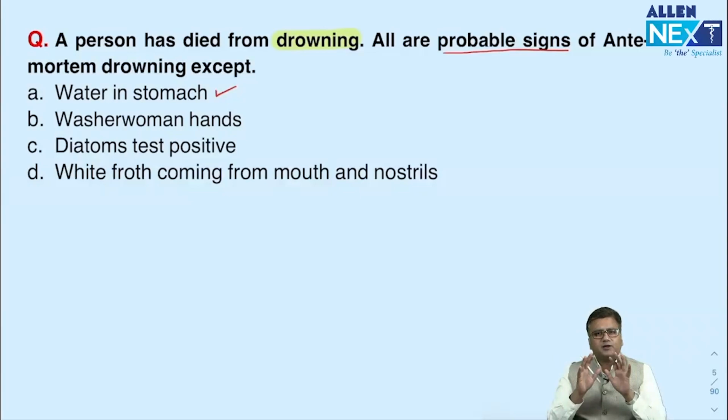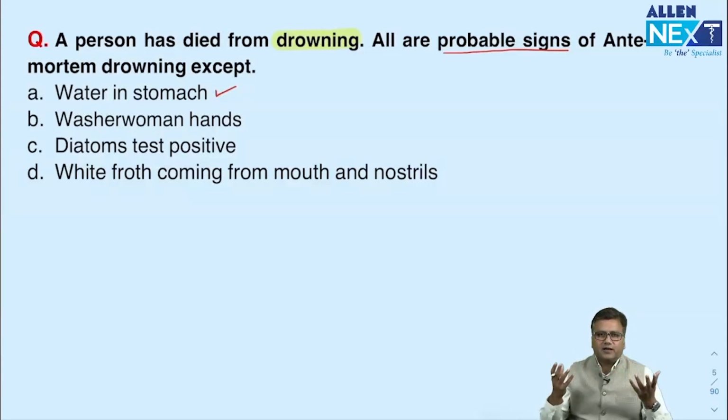Is there a difference between the two findings or appearances? The answer is no. In both cases, whether it is an antemortem drowning or a post-mortem drowning, when that bleaching and hardening of hand and feet skin happens, which is called soddening or washerwoman hands and feet, the appearance is the same.